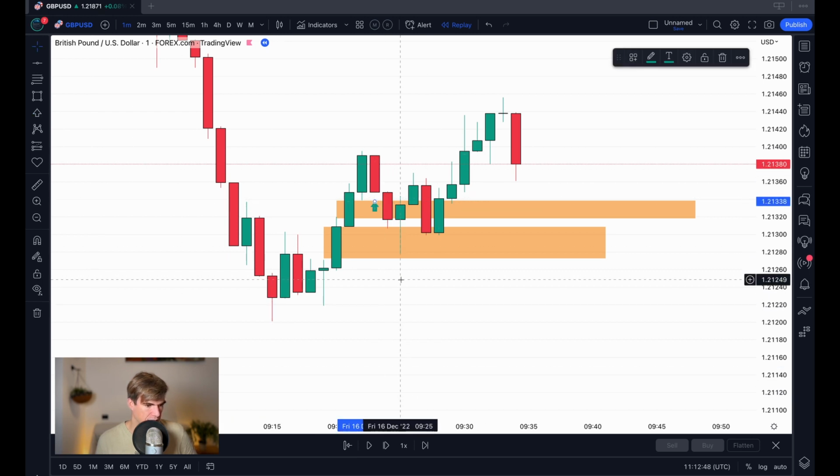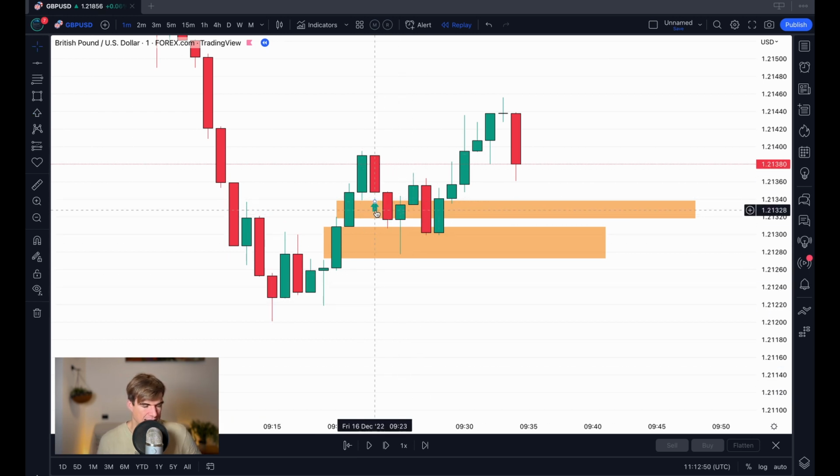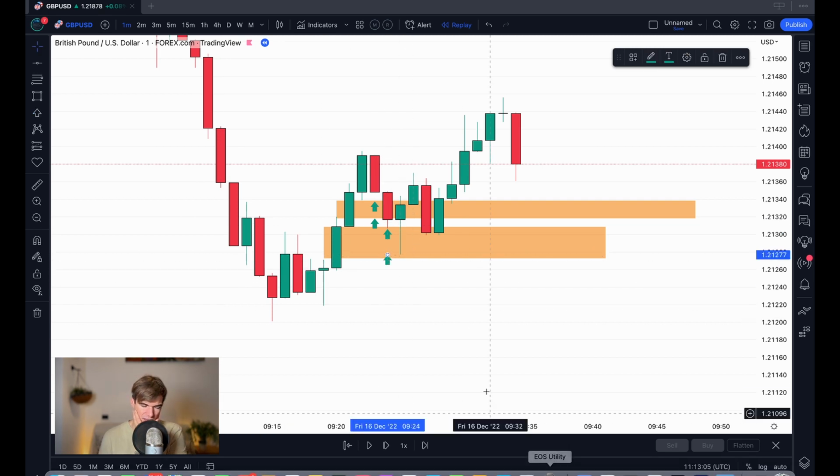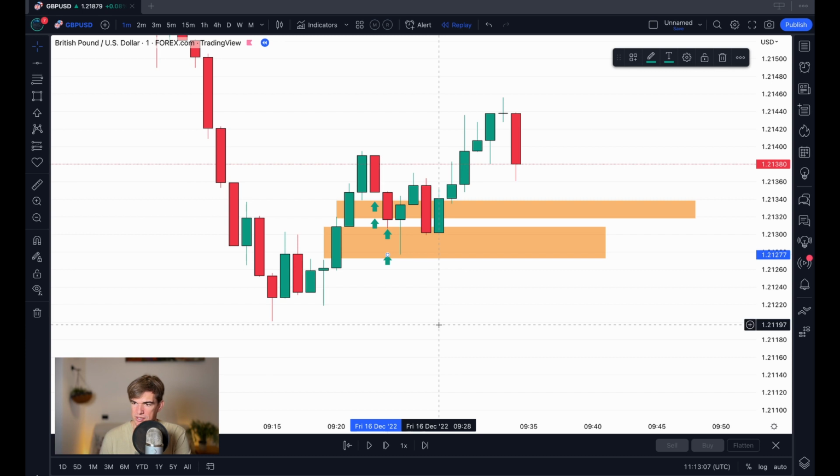So this was my first position there, and it came down. I got a second position on the low of that fair value gap, a third position on the top of the other fair value gap, and a fourth position on the low there.